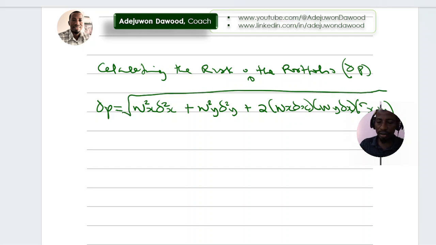So that's the formula for calculating the risk of the portfolio.